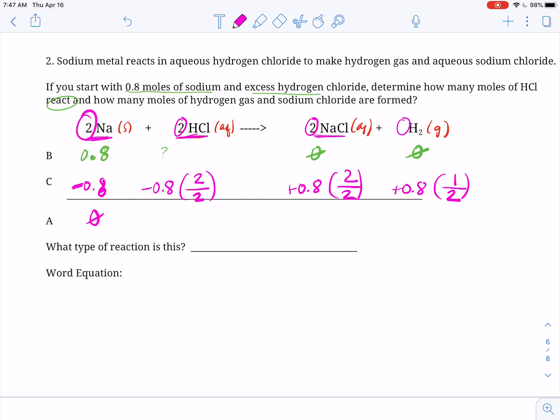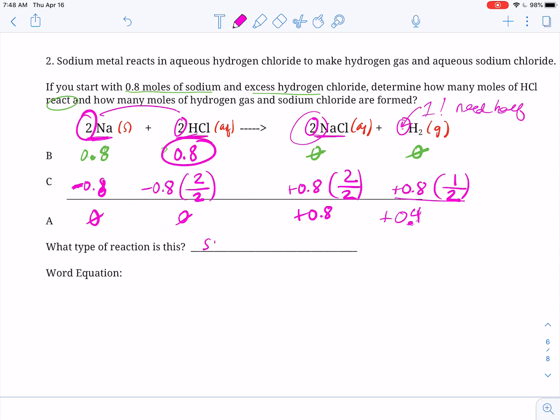So 0.8 times 2 over 2, which is just 1, means I also need 0.8 moles of this, because this is the same amount. 0.8 times 2 over 2 means I'm going to make this, again, same amount. 2, 2, 2, 1. This means I only needed half as much. So that's why I have 0.8 times a half, which is going to be 0.4.